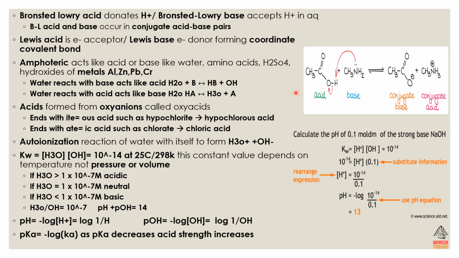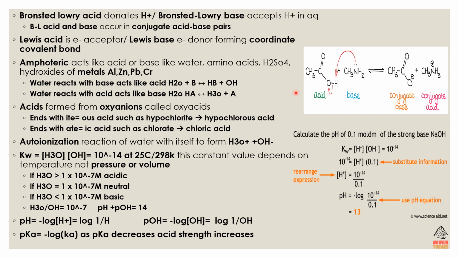And then autoionization is the reaction of water with itself to form H3O plus OH minus. So H2O plus H2O gives you H3O plus OH minus. One of them is going to have a conjugate acid, and one of them is going to have a conjugate base. And Kw represents the ion product constant of water, the product of the concentrations of the hydronium ion and the hydroxide ion in the water.